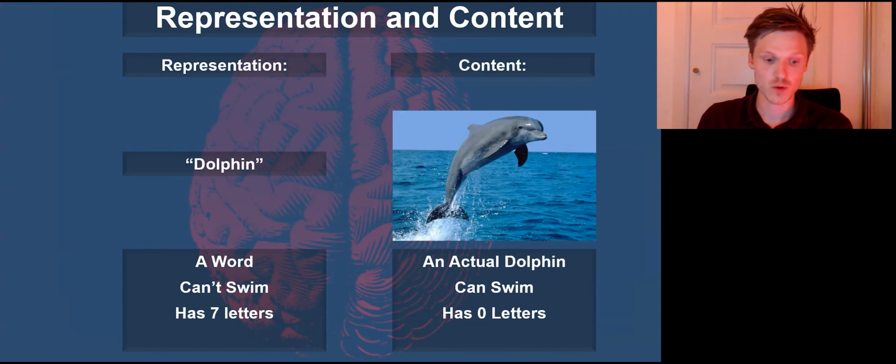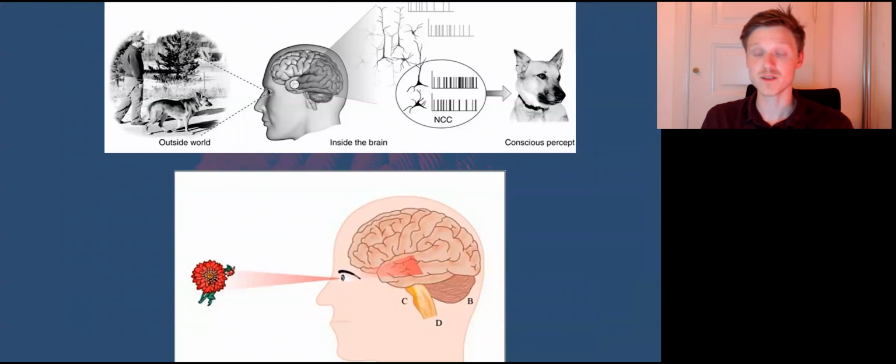And for the first order theories, they state that the content determines the representation, although the two are not identical. So the content will always lead to the specific representation, but they're not identical. Now, this actually underscores something very important when we try to look for brain states or neural correlates of consciousness. When we have a person who perceives the color red, we shouldn't necessarily look for red in the brain.